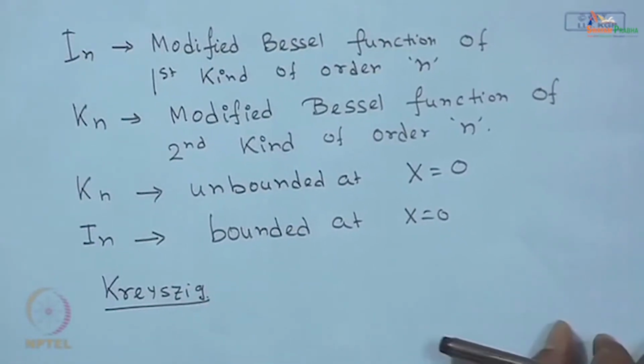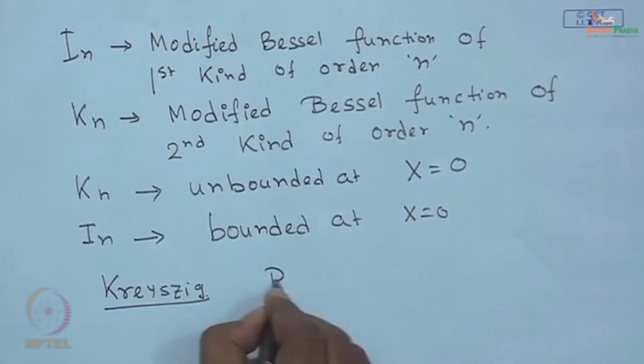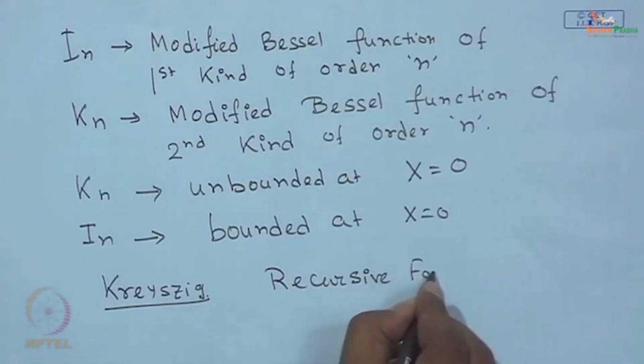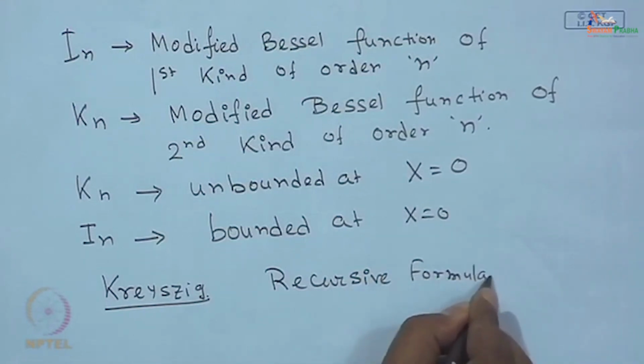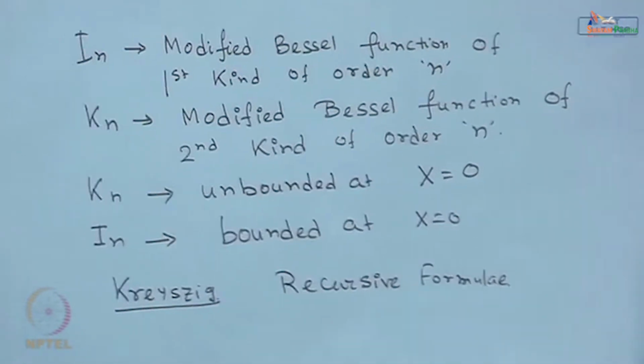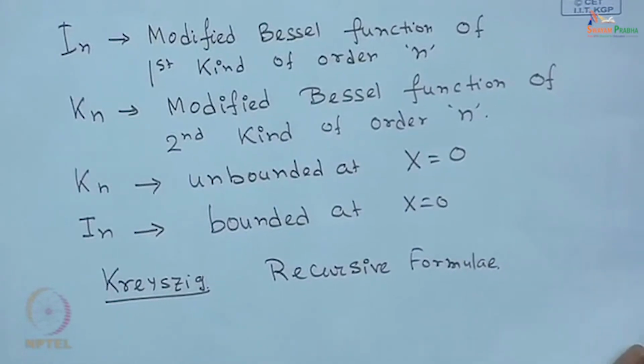Their recursive formulas are available to connect them up. The differentials of Bessel functions and modified Bessel functions are all available in any standard textbook of mathematics of the first year level.